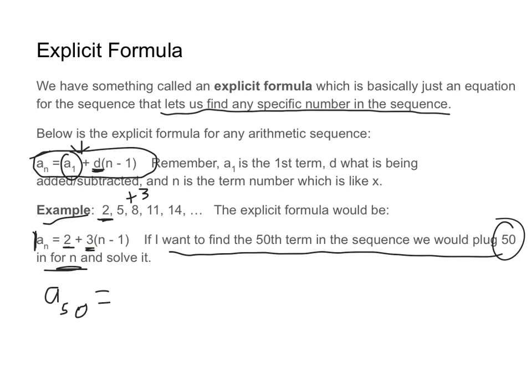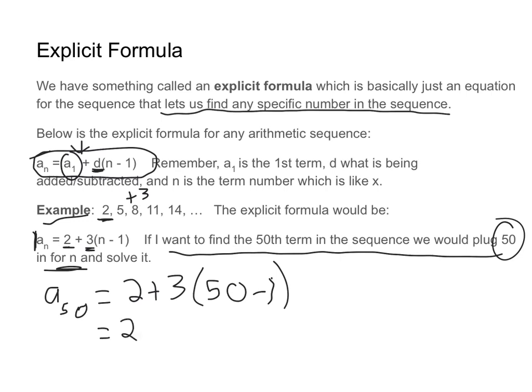I just keep my equation the same, but it's the 50th term, so n is 50, so we plug in 50. And that's a 1. My poor handwriting is coming out here. And then we just do the math, usually in a calculator, depending on how big the numbers are.